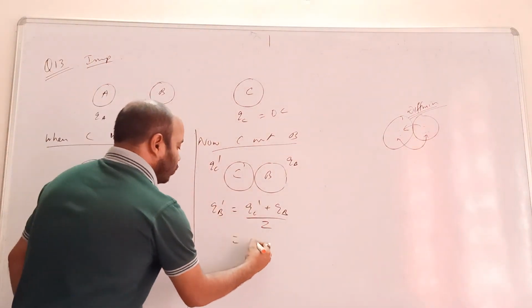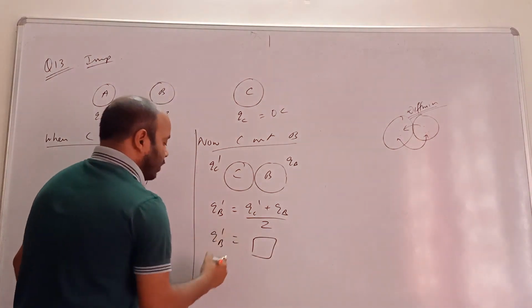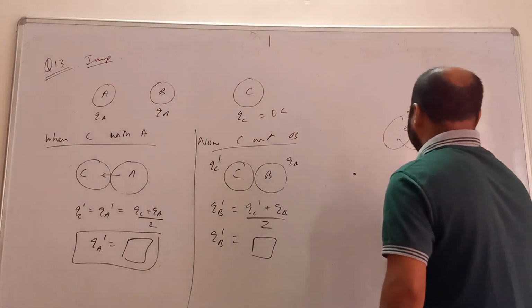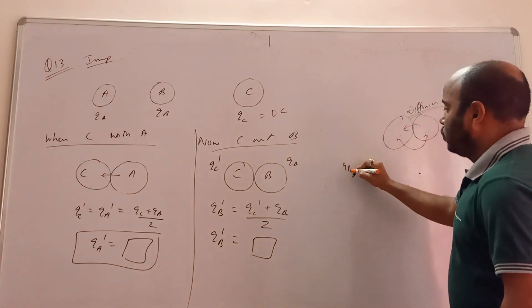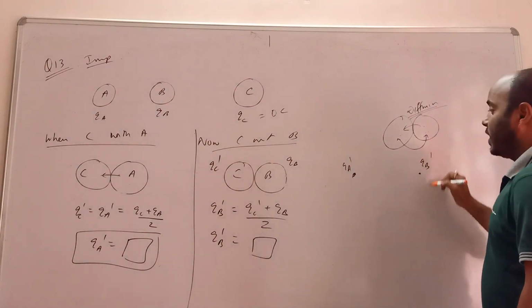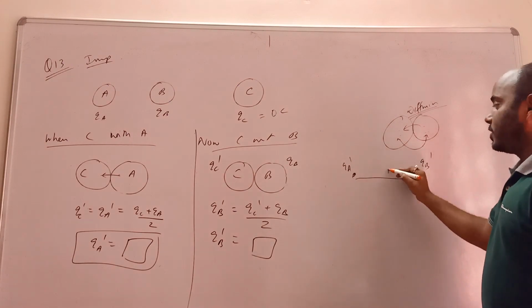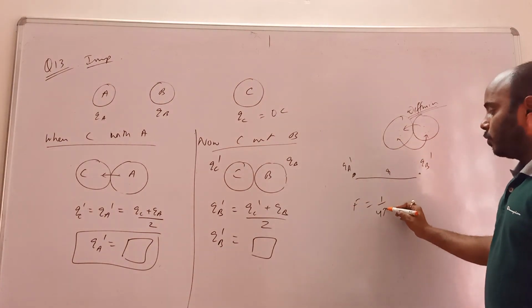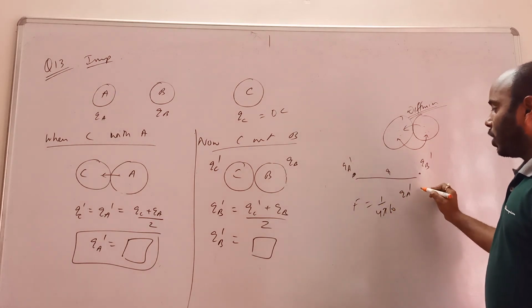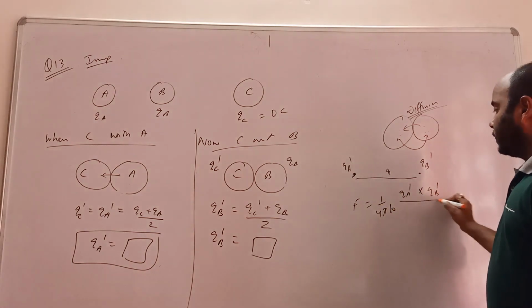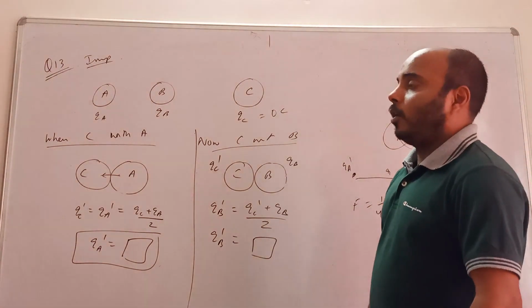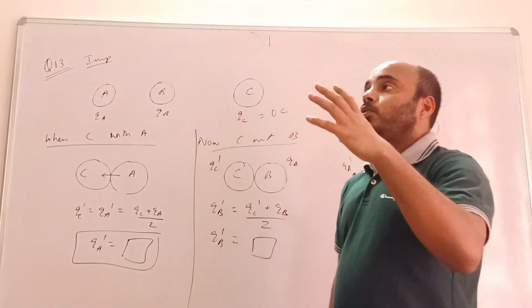So now we got a new charge in B, and we got a new charge in A. Now these two charges, QA dash and QB dash, are separated by a distance. That distance is given in the question. Then how to find the force? It is 1 by 4 pi epsilon times the new charges you got, divided by r square.